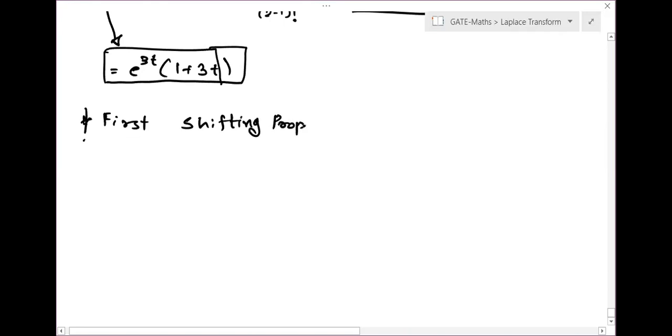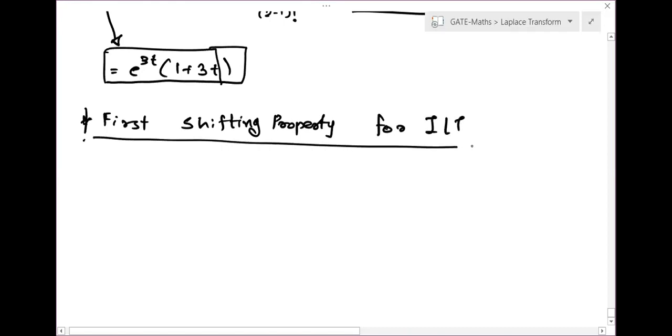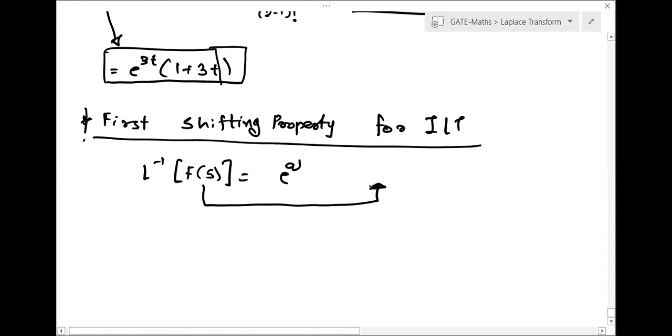You just remember it like this, that was all for explanation. Whenever you have Laplace inverse of f of s and you have to use the first shifting property, you have to convert this s. You cannot find this Laplace inverse of f of s directly, but if you convert this into f of s plus a or s minus a, then you can find this inverse Laplace easily.